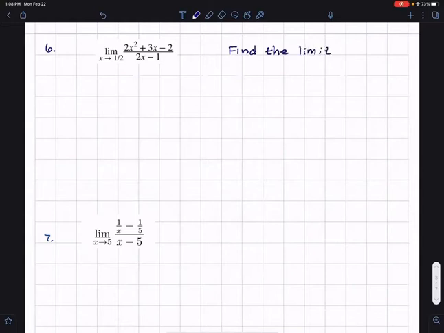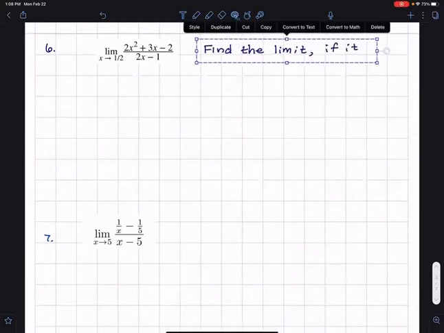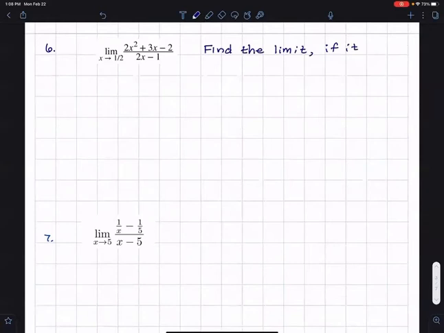This is a pretty straightforward problem, I think. Let's check it out. I think I had this somewhere else too in an example. But okay, hold on. Let's put in x equals 1/2.